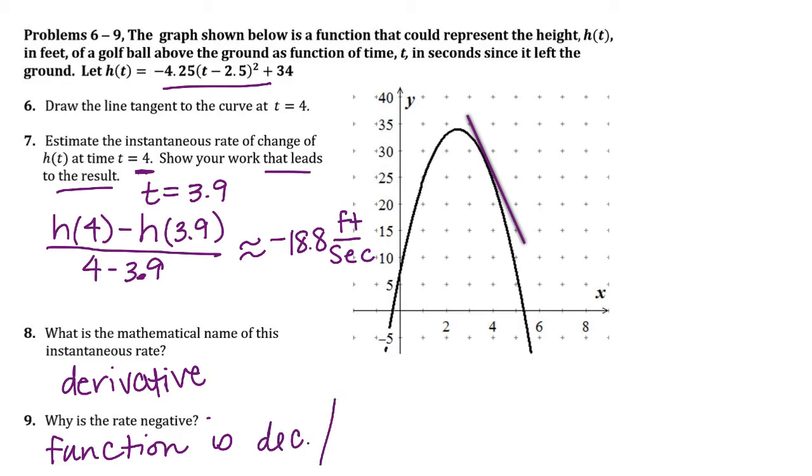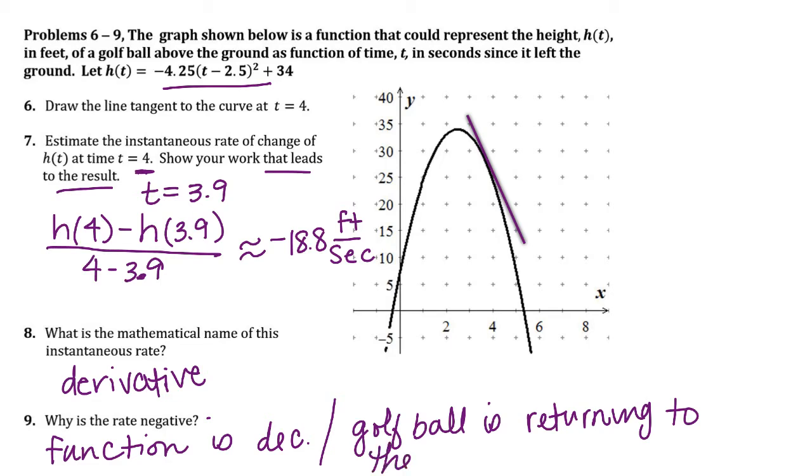Or you could think of the golf ball as returning to the ground. Either way you want to think about it, both are correct. The golf ball is returning to the ground. So both ways are good ways to think about this.